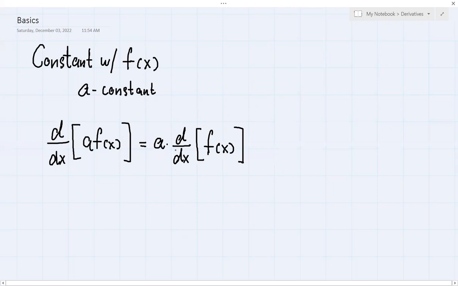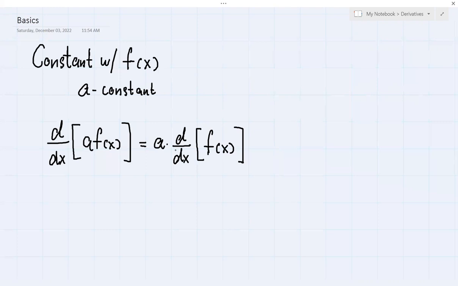Okay? So, ibig sabihin nun, kapag may nakita kang term na may constant with a function, tapos kukunin mo yung derivative niya, basically, wag mong kunin yung derivative ng constant. Ikopya mo lang siya, tapos kunin mo na yung derivative ng katabi niyang function.